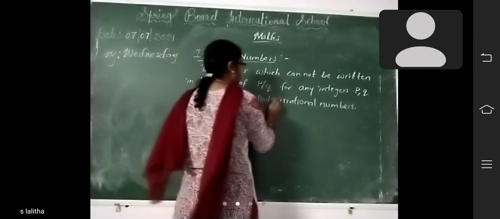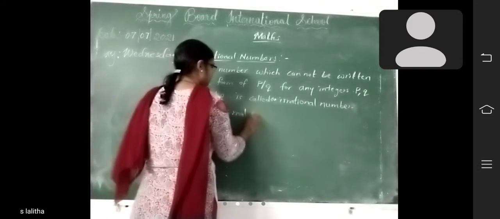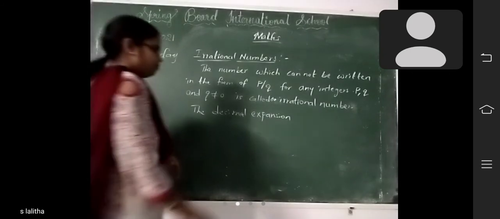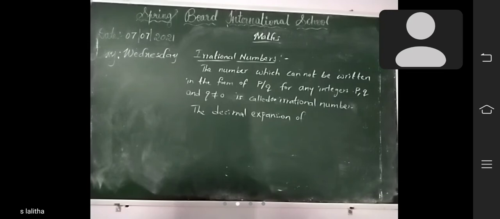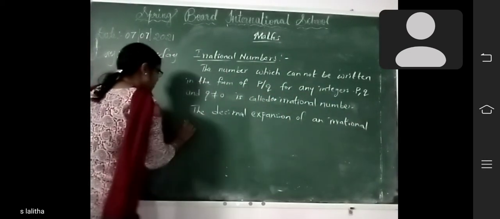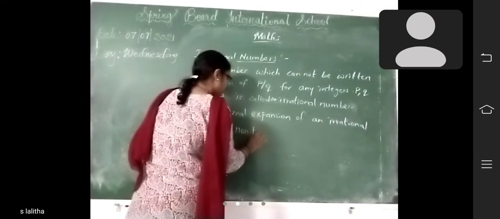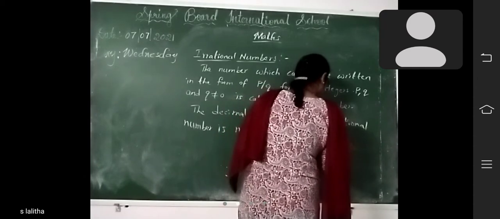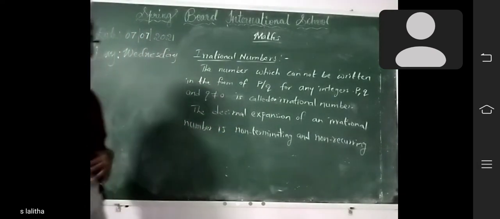Write here: the decimal expansion of an irrational number is non-terminating and non-recurring.